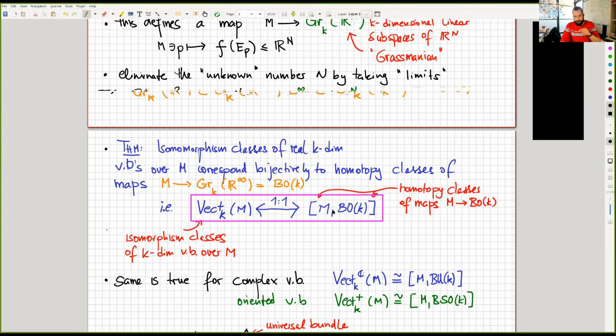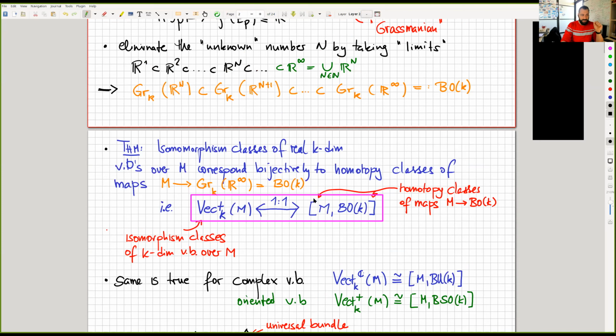This is the one-to-one correspondence. And now sometimes it's difficult to compute things, but sometimes it's also better in homotopy theory to compute things. And in my case, it was easier to compute this one to get this one.